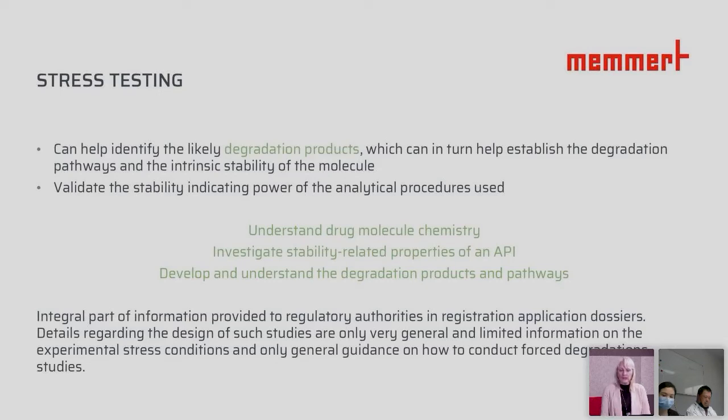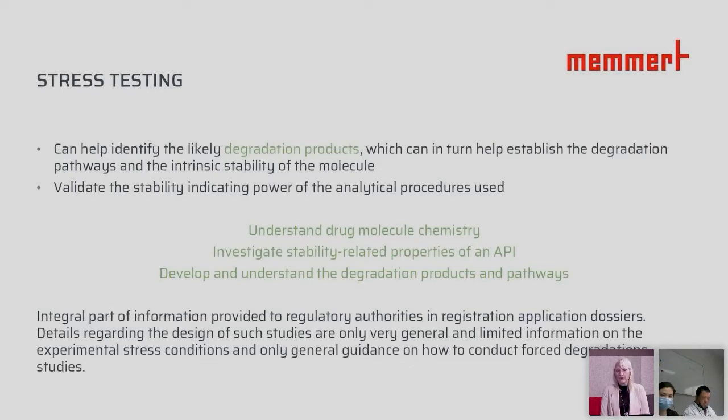So here we are considering the degradation of the product itself, and that means we can help to identify the degradation, and this is useful to establish the degradation pathways and the intrinsic stability of the molecule.